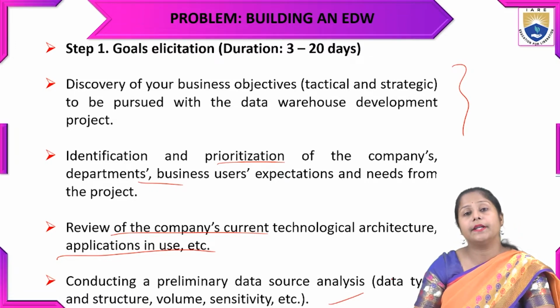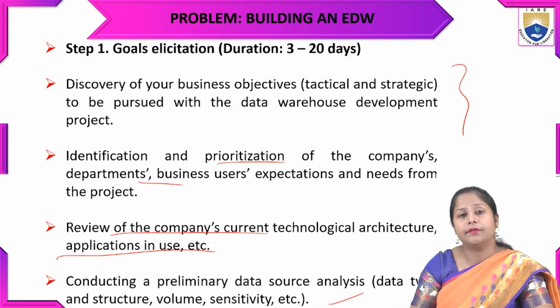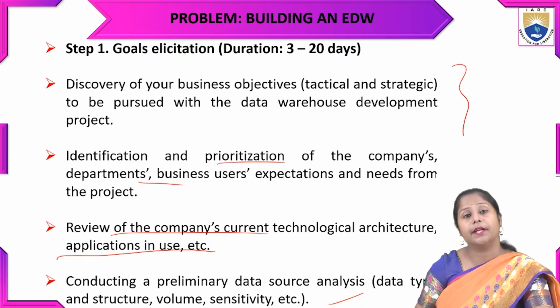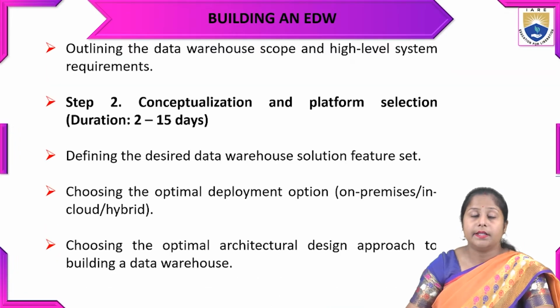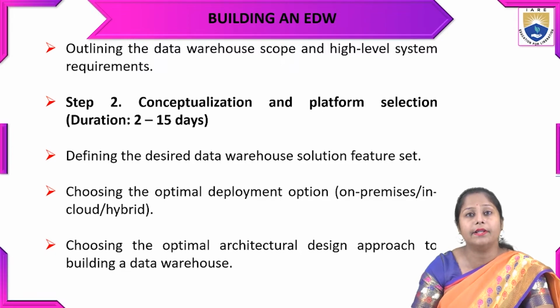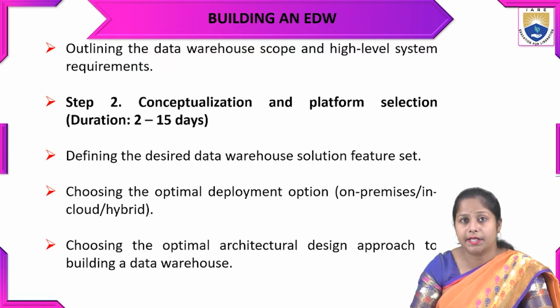Fourth, we have to conduct a preliminary data source analysis: data types and structure, volume and sensitivity of data. So we have to go through data source testing and analyze the data. What is the structure of the data? What is the volume and how sensitive is the data? Next, we have to outline the data warehouse scope and then the high-level system requirements. So for the first step, goals elicitation, we have to do these steps.